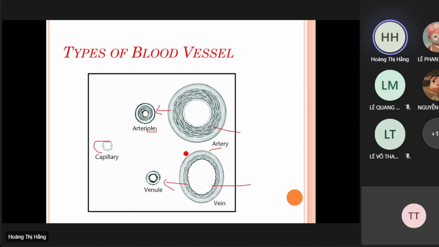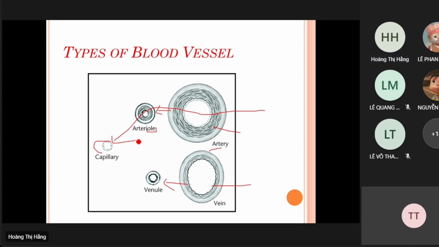Arterioles are much smaller than arteries, and they have only 1 to 2 layers of smooth muscles in the wall. The wall of arterioles is thinner than those in arteries. And blood goes from the aorta to the artery and then arteriole and to the capillaries.